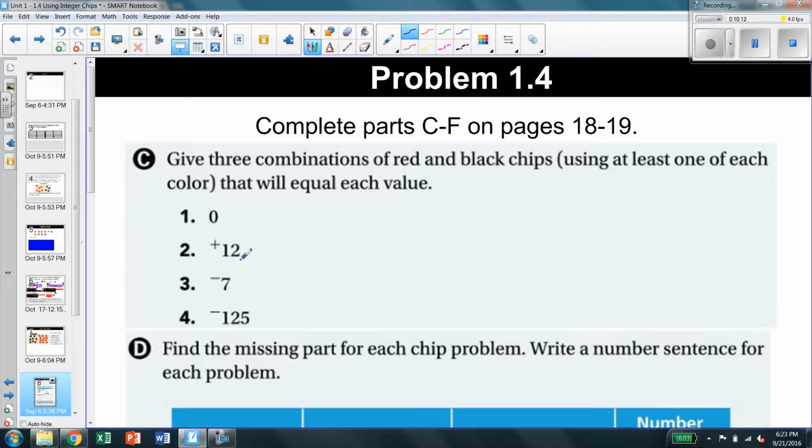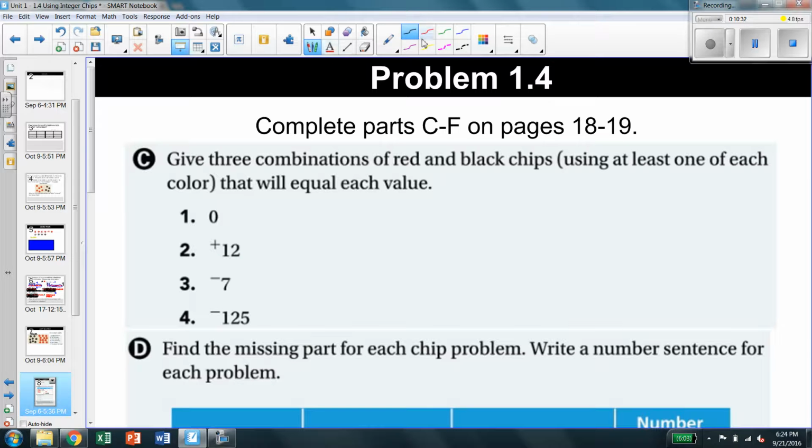Number 2, we're trying to make a combination that would make positive 12. So again, we're looking for a situation where we're going to wind up with 12 more black chips than red chips. So whatever numbers we pick, we want the black chips to be 12 more than the red chips.